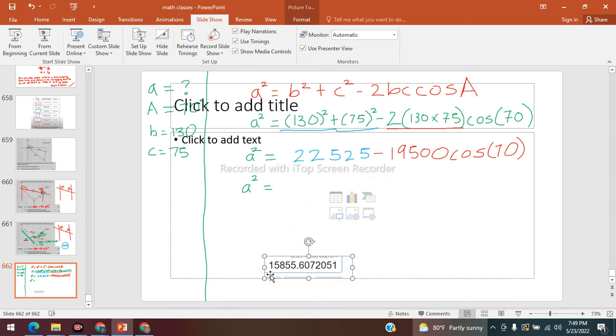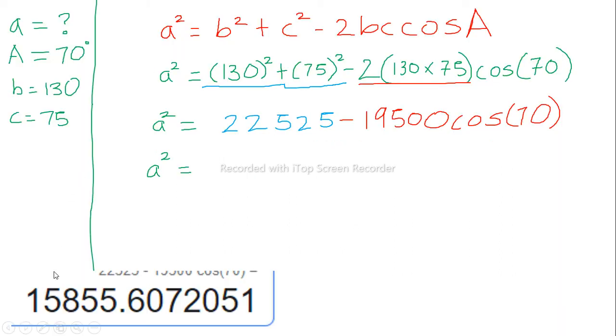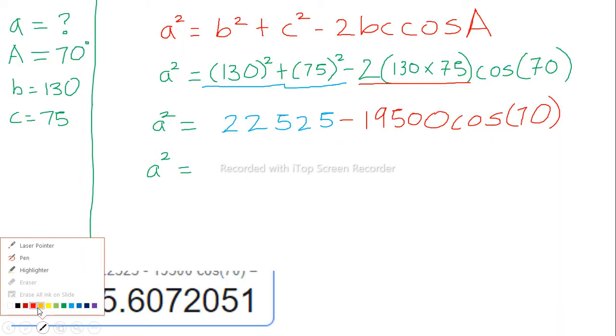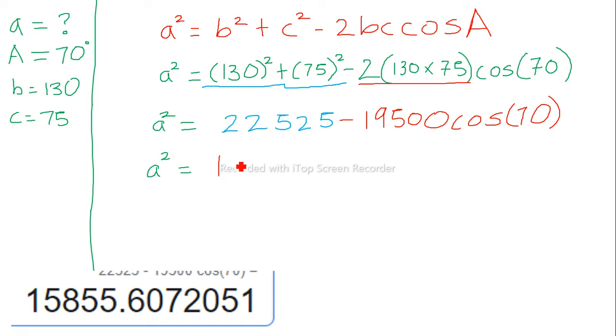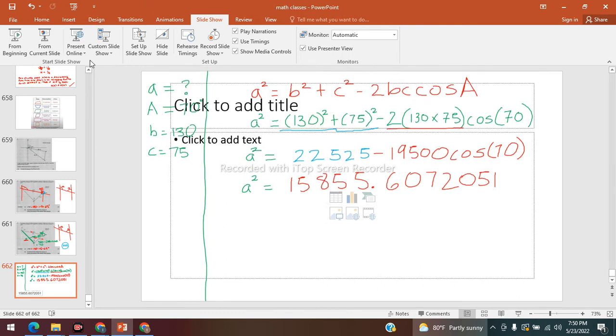We have 15,855.6072051. And then at this point, to solve for A, we must do what?